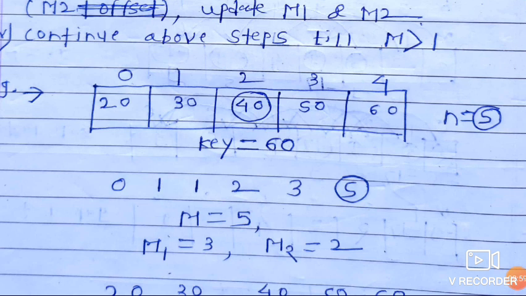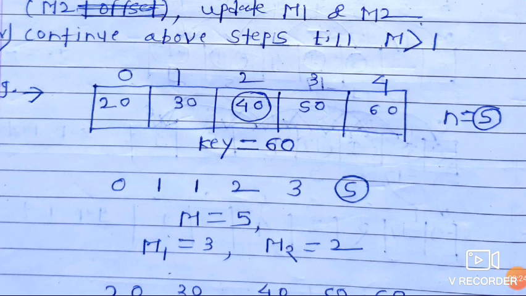Once again I repeat, first we accept an array of size n, we sort the given array, and we accept the key element.